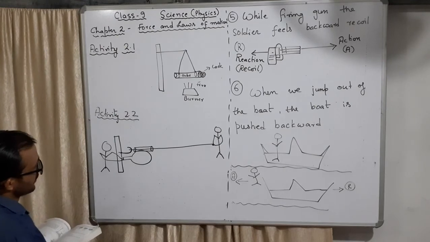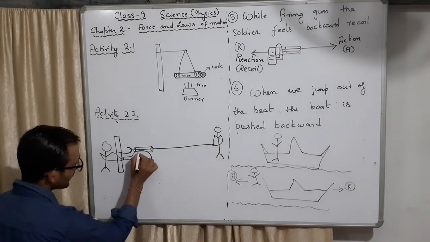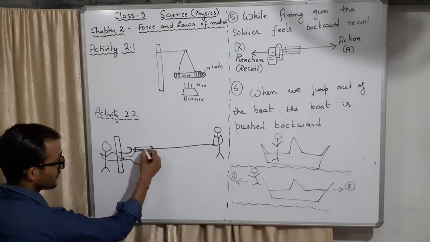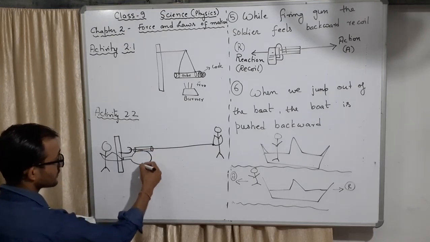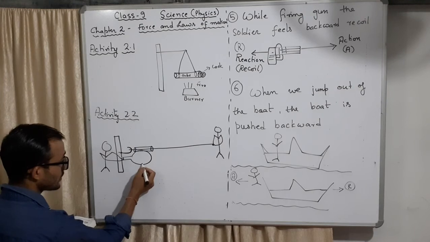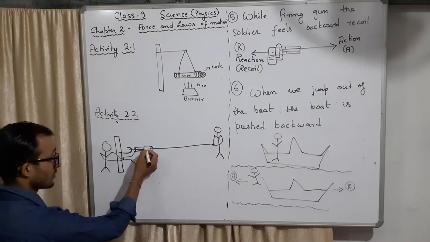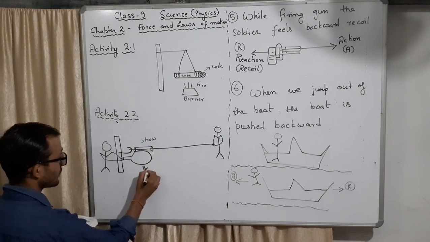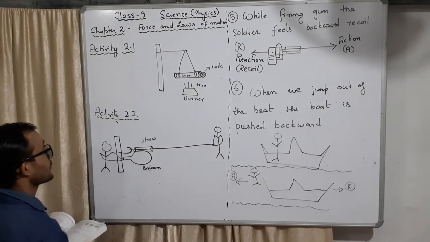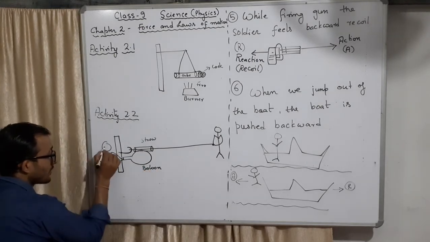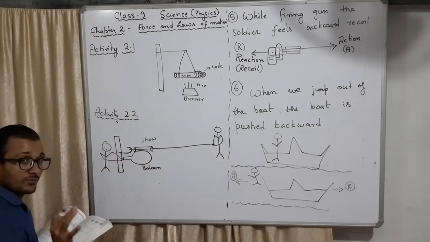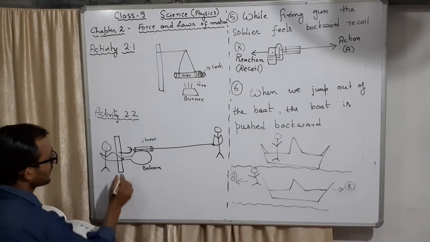Now we put it like this. What you do here is you put glue here, or you can put some sellotape also, use the sellotape on the balloon and the straw. This is the straw, this is the balloon. Now this person will release the balloon. It is big now, inside there is a lot of air.